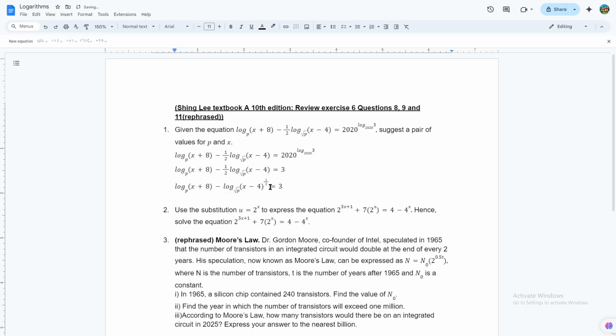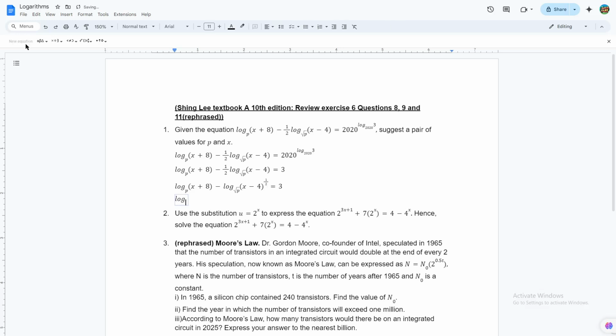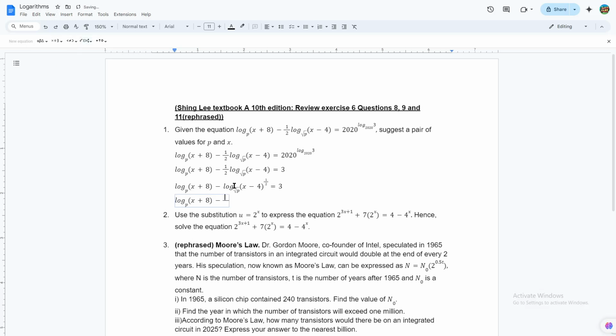Next, we want to convert both logs to the same base. So we have log base p of (x plus 8) minus, we have to convert this logarithm to a base of p, so we need a fraction.